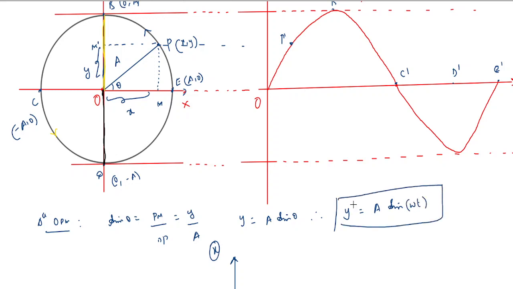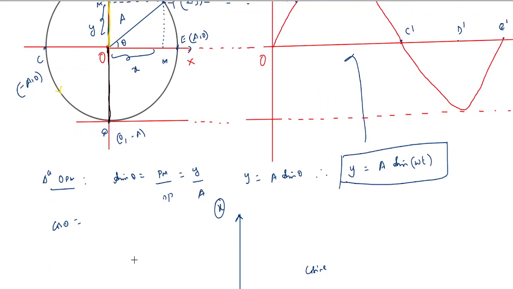So this is what we got here also. Whatever we got graphically, this is what we get by equation also, which means the y projection would be a simple harmonic motion. Similarly, from this triangle, if we find cos theta, then cos theta is equal to OM by OP, the hypotenuse.